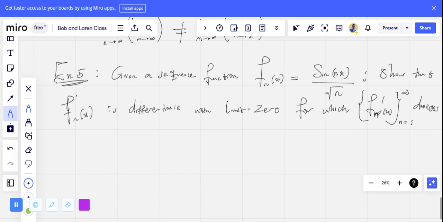So that's the question. Show that this sequence of functions f_n(x) is differentiable with limit 0, but for which the derivative diverges. If this f_n(x) is differentiable and the limit is equal to 0, that means this f_n converges, since the limit is actually equal to 0.